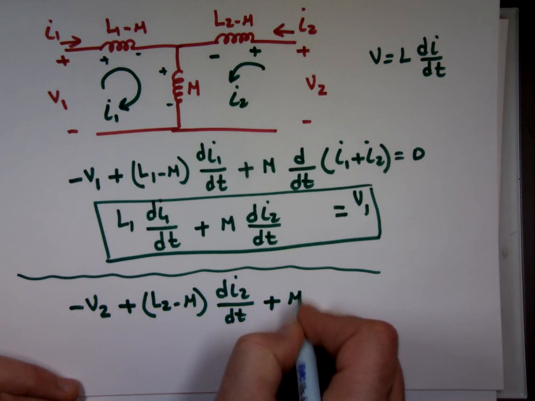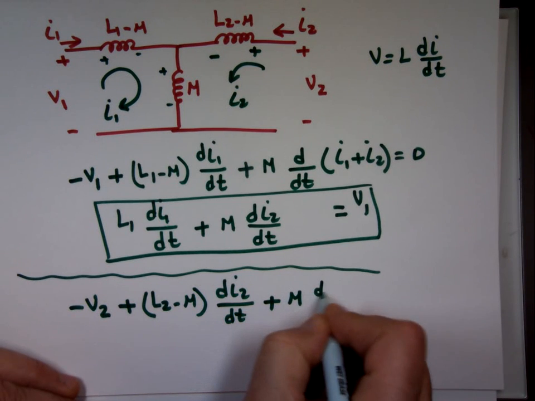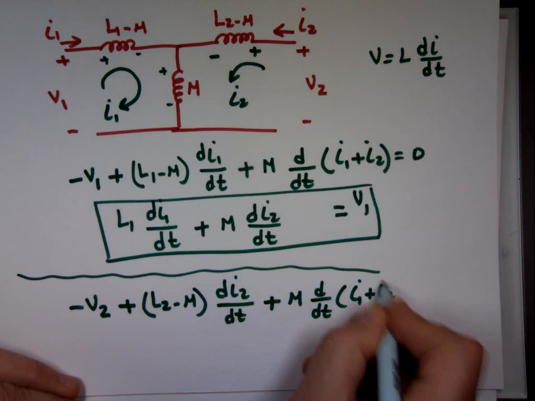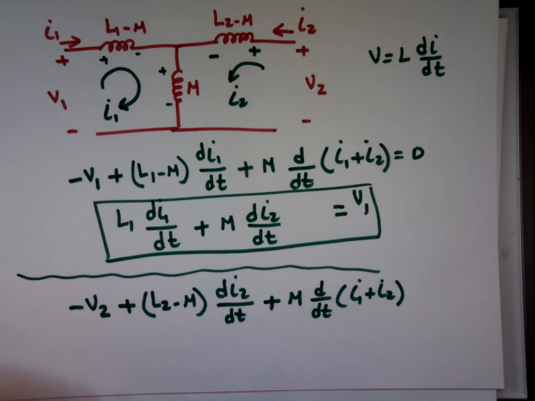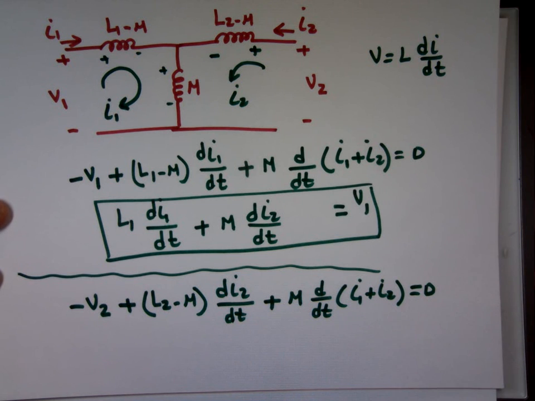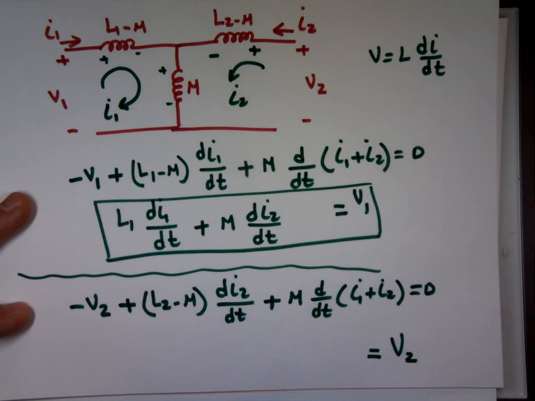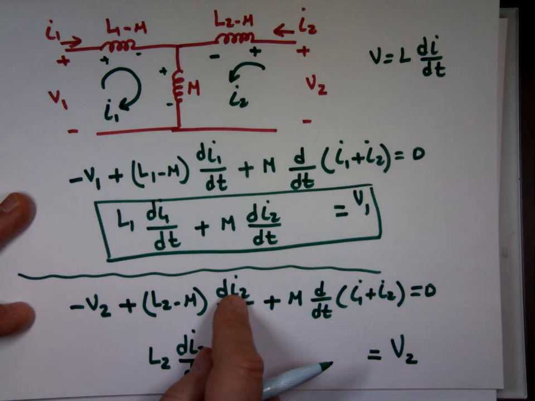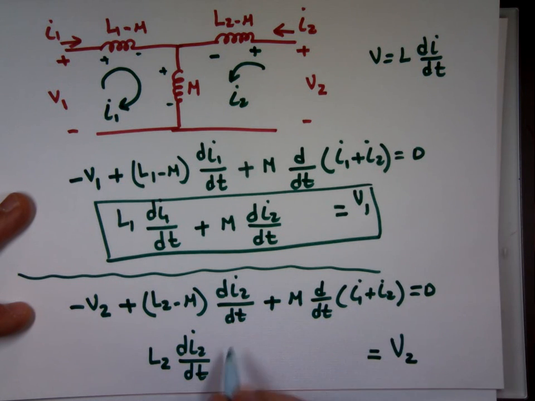What's the current coming down? d/dt of I1 plus I sub 2, equals 0. Clean that. That'll be L2 di2/dt. The M with di2 will cancel each other out, leaving M di1/dt.